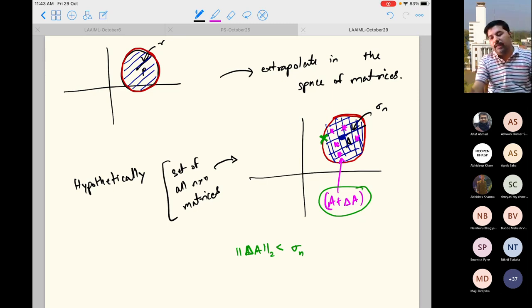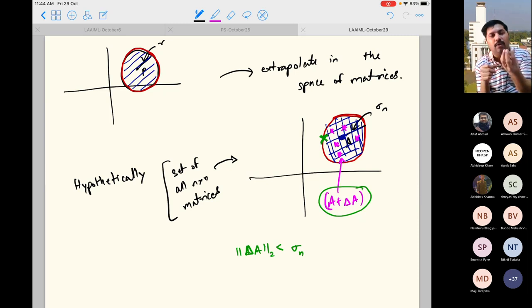So what is desirable? The desirable thing that we may ask for is that this sigma n be as large as possible. If sigma n is large, then this radius is large. That means this circle is large and the perturbations are better. But in the other case, if sigma n is really very small, what is going to happen?